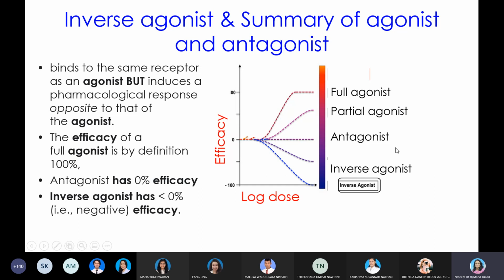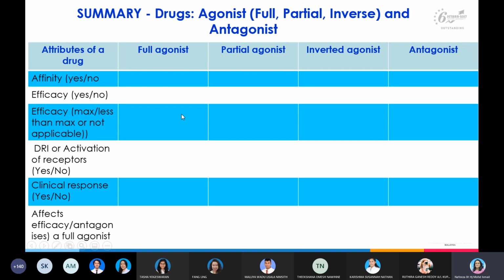The example I gave you was that an agonist, whether partial or full, causes sleepiness, but an inverse agonist causes wakefulness. That is the usual example. Now, this is a summary you can read on your own, all about affinity and efficacy of agonists and so on.